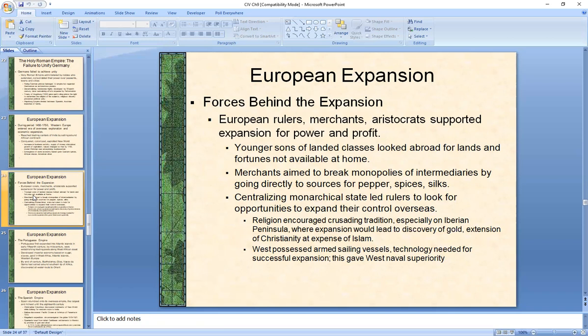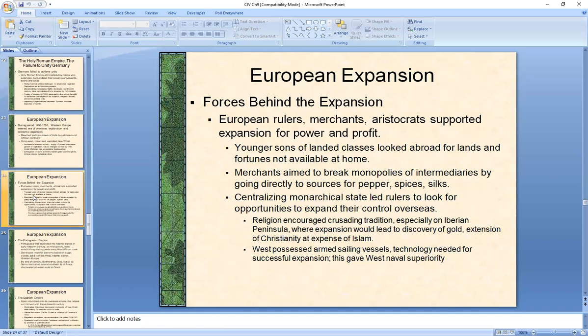Basically, the idea of inheritance always went to the oldest son. So the younger sons of these people would not get an inheritance. So the idea of exploring or going to a new world to establish yourself gave you an opportunity to develop a fortune that you did not have at home.